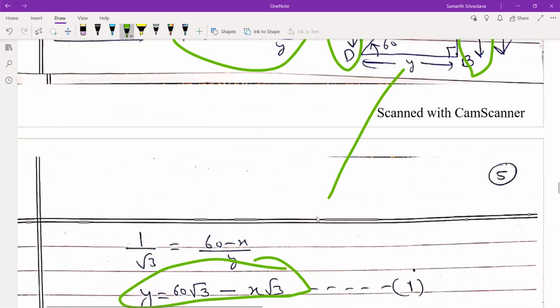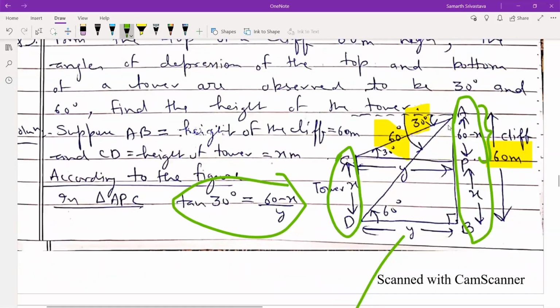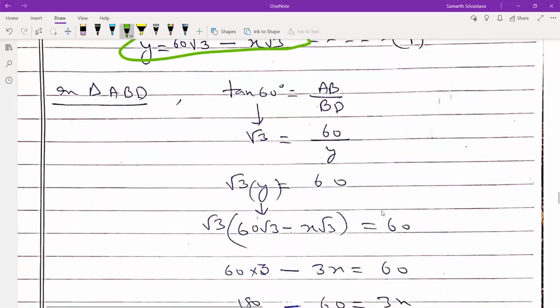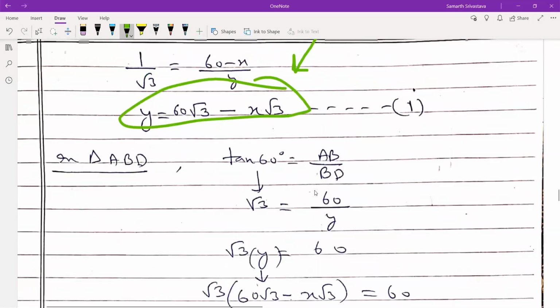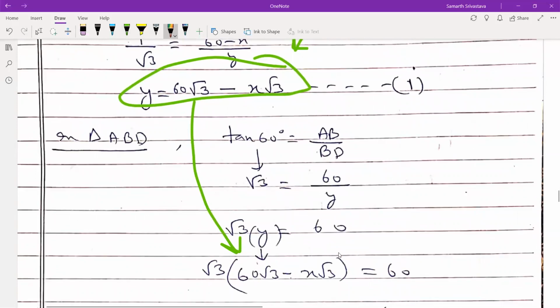Now in triangle ABD, if you see carefully, if I take tan 60 degrees, it is equal to AB upon BD, that is 60 upon y. So y root 3 is equal to 60. And the value of y we have already got in the first equation as what? 60 root 3 minus x root 3, and root 3 is already outside. It is equal to 60.